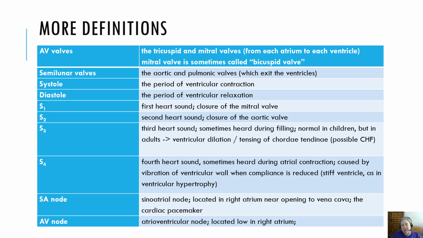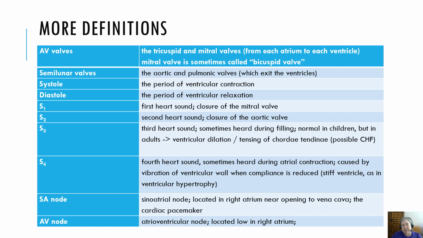S1 is lub. It's the first heart sound, and it is primarily generated by the closure of the mitral valve. The mitral valve closes and you get a vibration, lub. That's pretty much the beginning of systole, the end of diastole, because as soon as pressure starts to rise in the ventricle, it pushes the mitral valve closed.